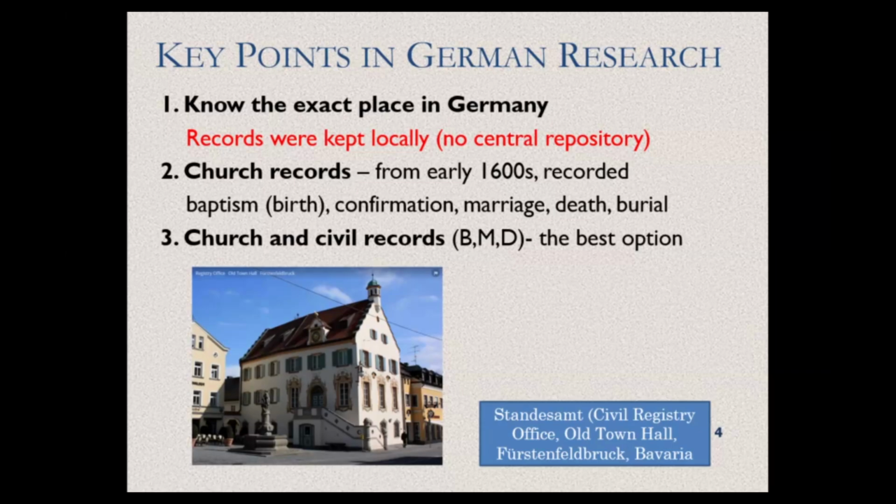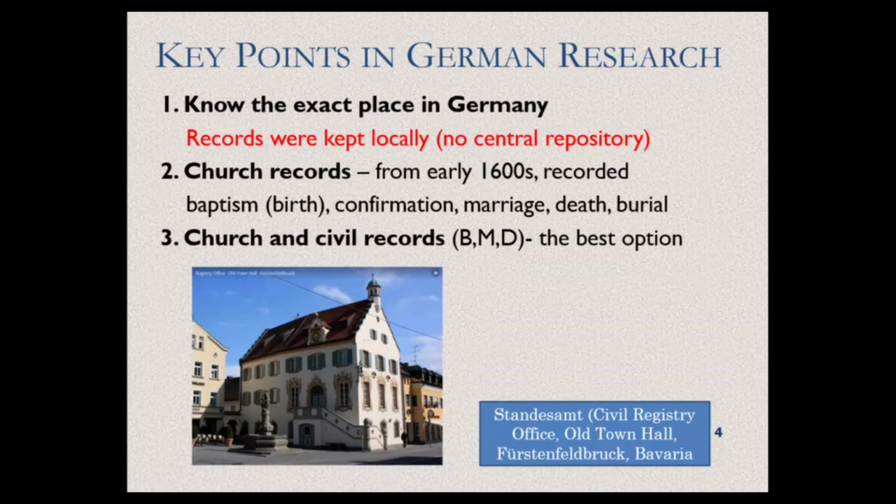In Germany, yes, there were some censuses taken, but not periodically, and they are not accessible as easily as the US federal census. The best way to trace your German ancestors is to find civil records and church records.